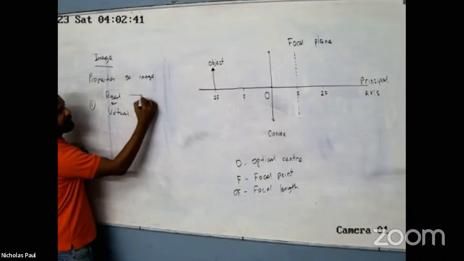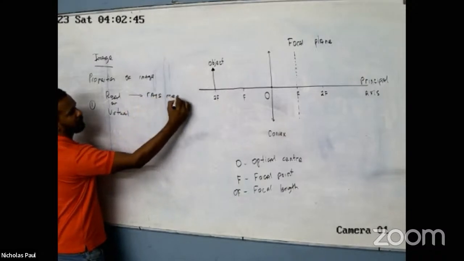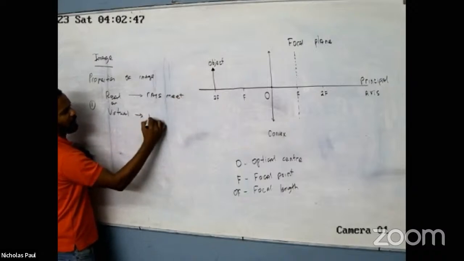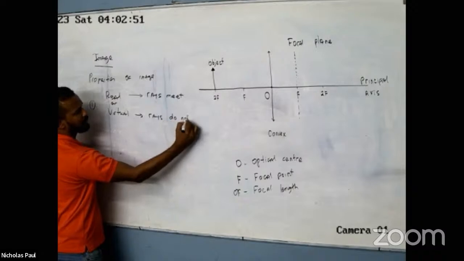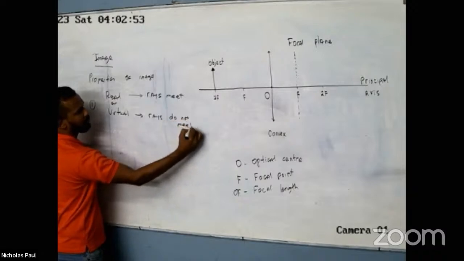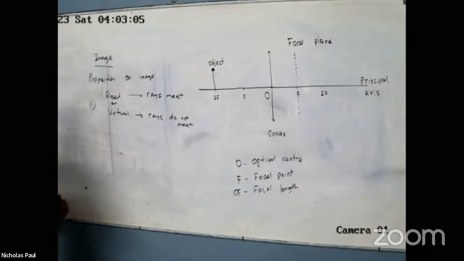It's real if the rays meet. It's virtual if the rays do not meet. That's okay? So if the rays meet, you're going to end up with something called a real image. If the rays don't meet, then it's virtual.